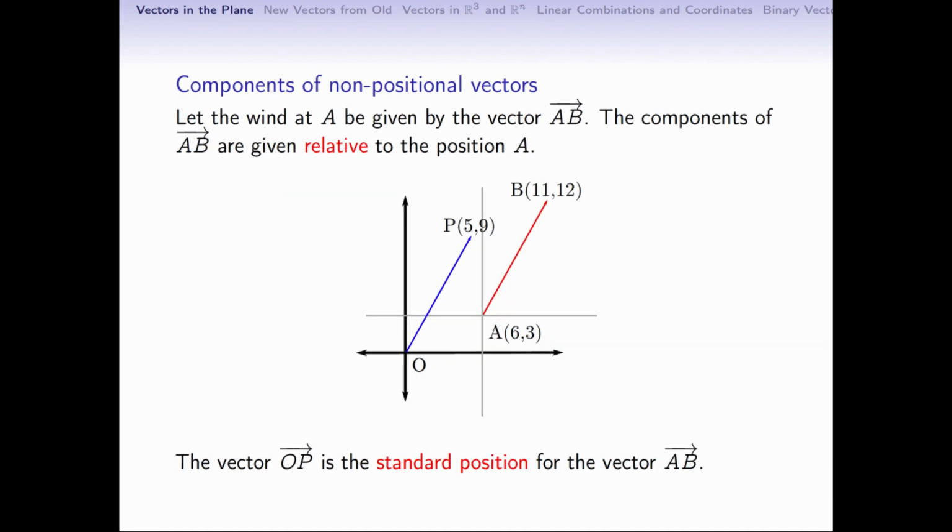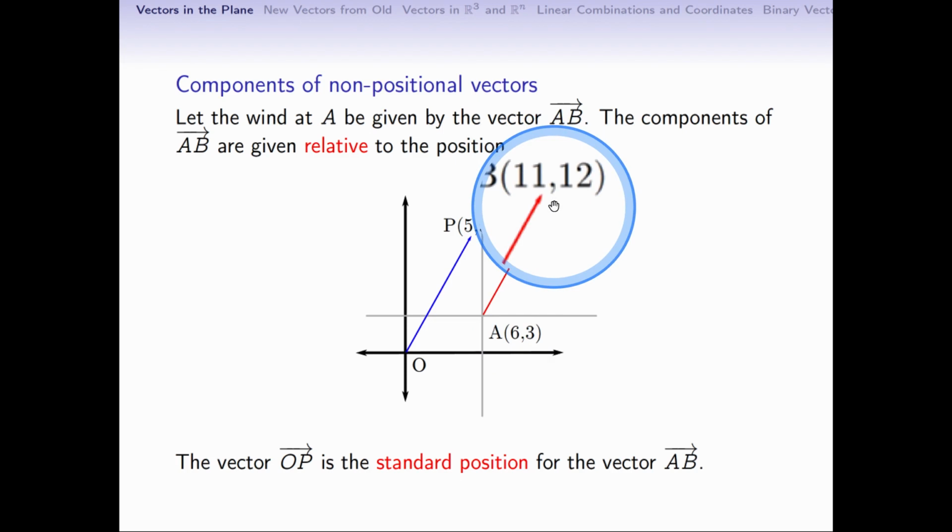Now let's talk about the components of non-positional vectors. So let's say the wind at A is given by the vector AB. The components of AB are always given or measured relative to the position A. For example, let's suppose that the base of our arrow is at the point 6, 3, and that the tip of our vector is at the point 11, 12.